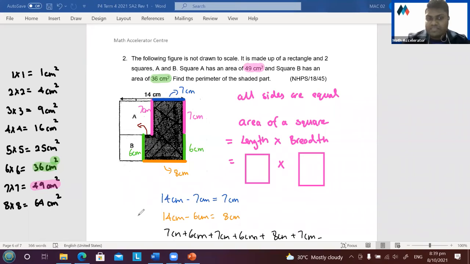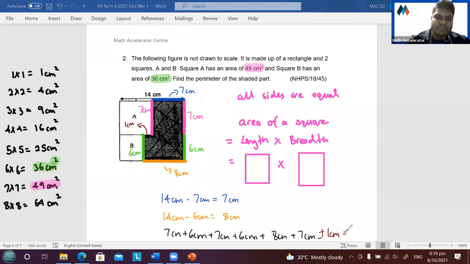So what is the length of that? Okay, so a little bit of visualization needs to take place here. So this little part here is actually this length minus this length. 8 cm minus 7 cm. So this little part here is actually 1 cm. So please add the 1 cm in.